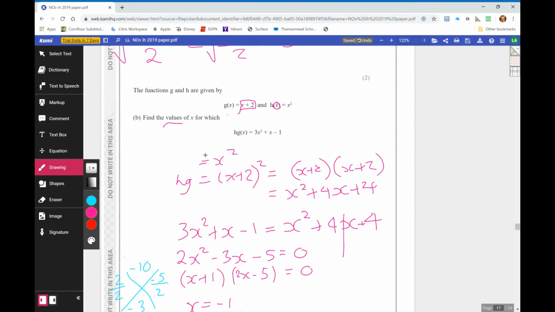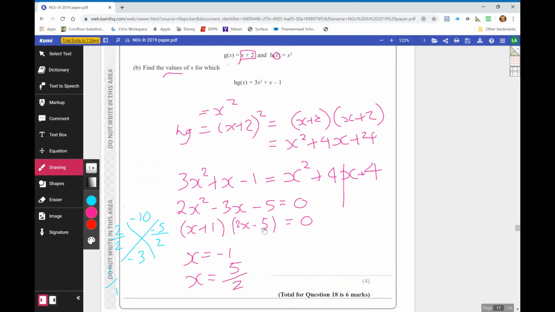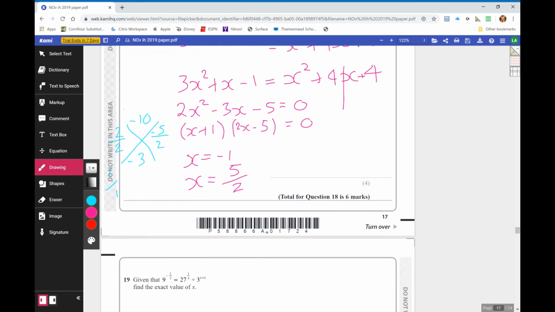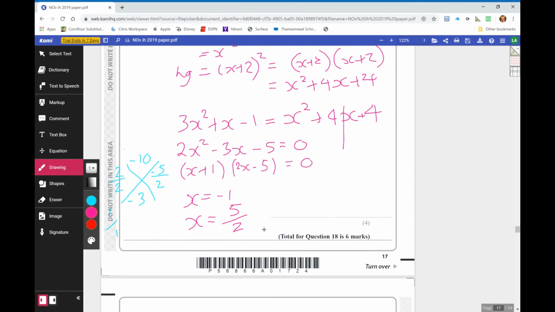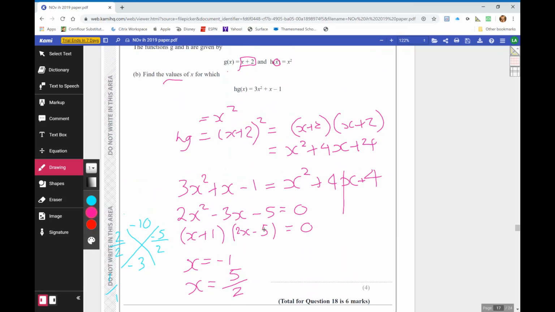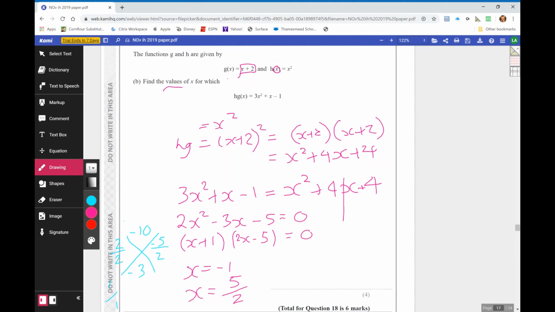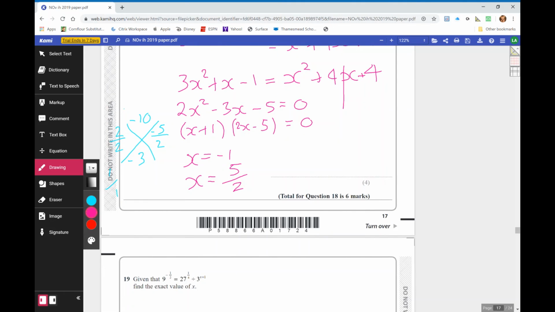There's some composite functions going on here, remembering that the second is always going into the first, so it's g into h. And then when it says find the values for which this equals that, well, you have to do this first, make it equal that, and then solve through, you're left with that quadratic. 4 marks available. Not overly generous, but hopefully even if you start putting the composite function together, you'll get a couple of marks just on that part.